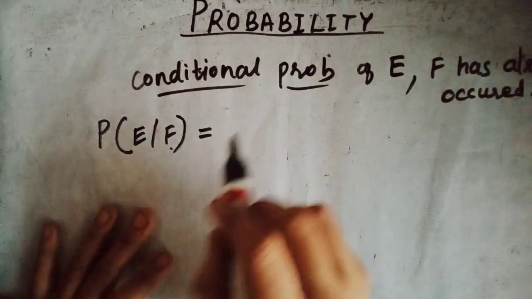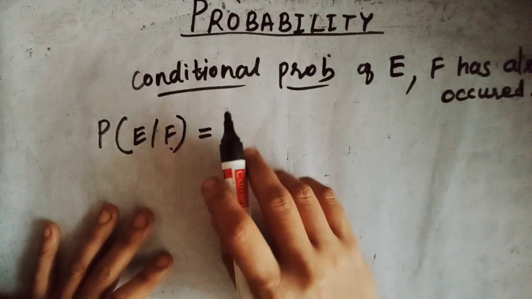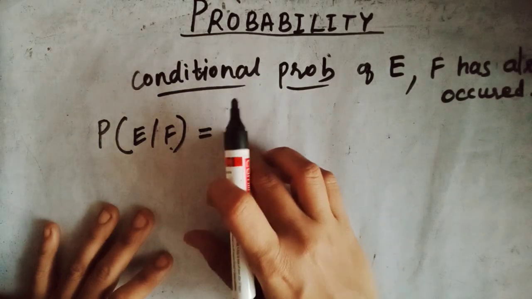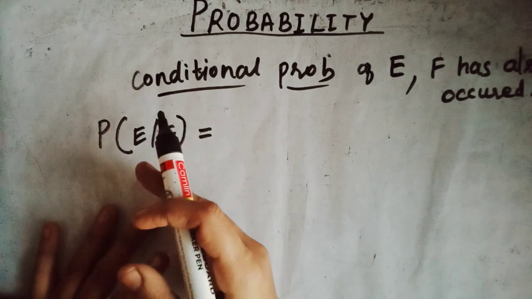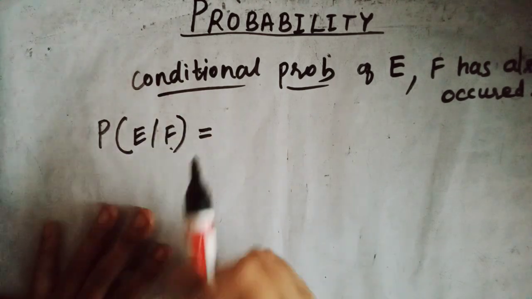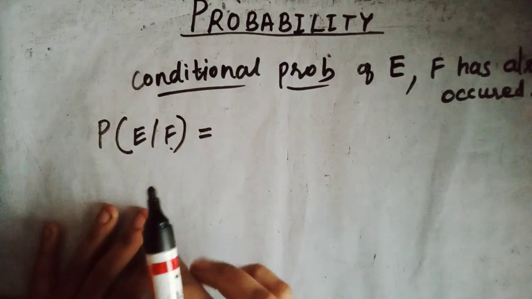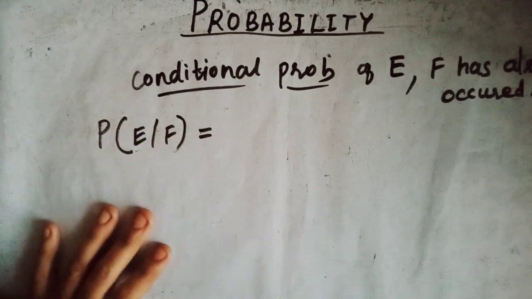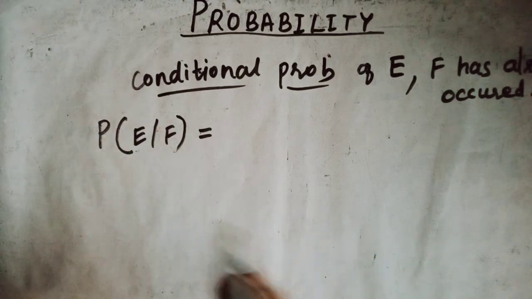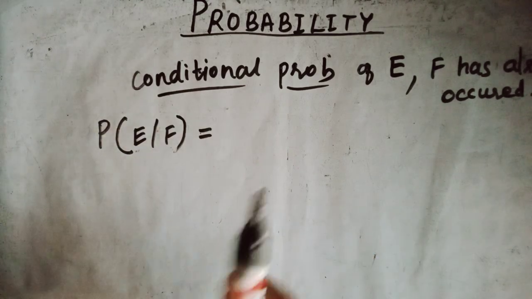This is given by the number of elementary events favorable to E intersection F. E is one event and F is another event, right? Now F has already happened and over that we are finding the probability of E, meaning there must be some common things between them.